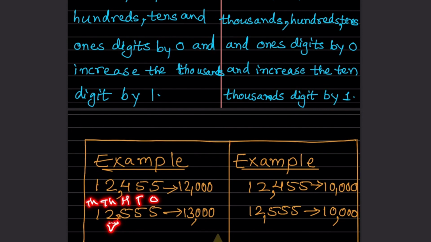Immediately after this, the number is 5. So what are you going to do? 5 means, of course, as I said, you are going to add 1 to this 2. So 2 is going to be 3. So it is going to be 13, and all other digits are 0. So what are you going to write here? 13,000. Hope that is clear to you.